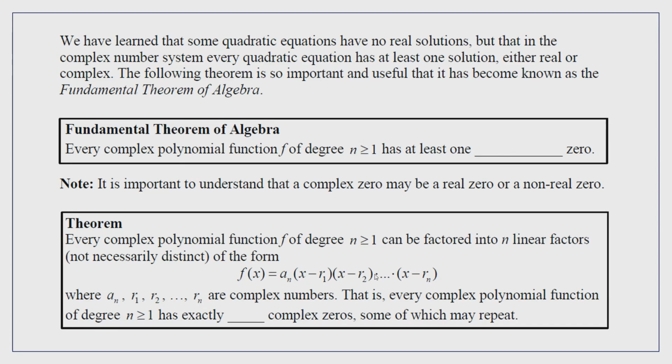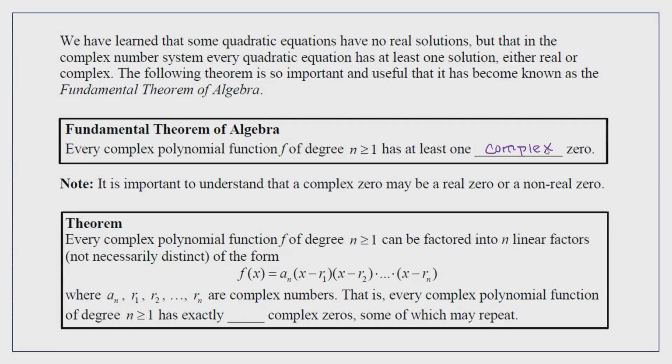The fundamental theorem of algebra states that every complex polynomial function f of degree n greater than or equal to 1 has at least one complex zero. Note, it's important to understand that a complex zero may be a real zero or a non-real zero.